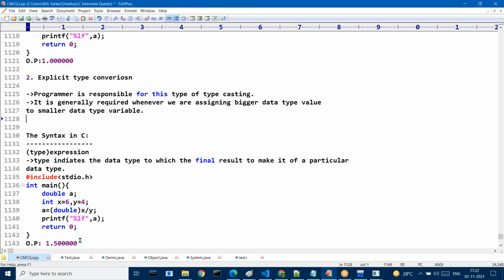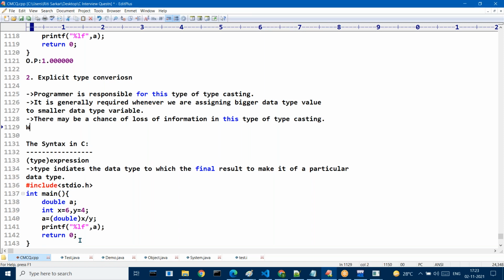So by doing the explicit typecasting, what benefit did we achieve? Sir, the benefit is that there may be a chance of loss of information in this type of typecasting.